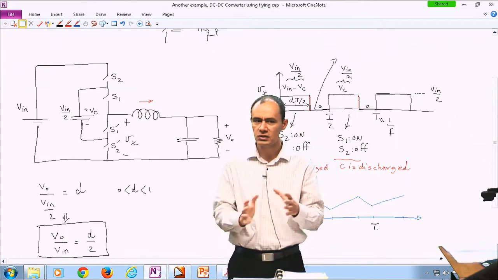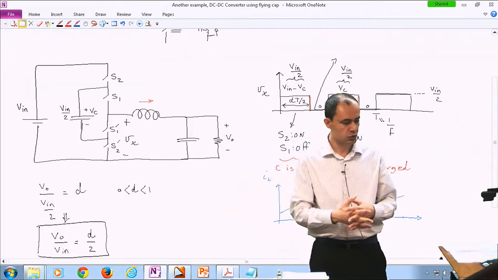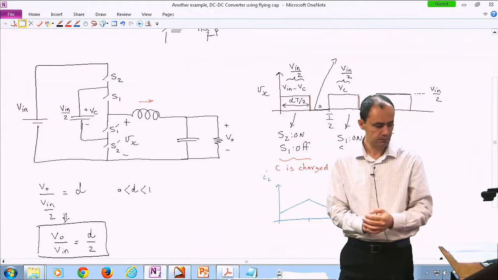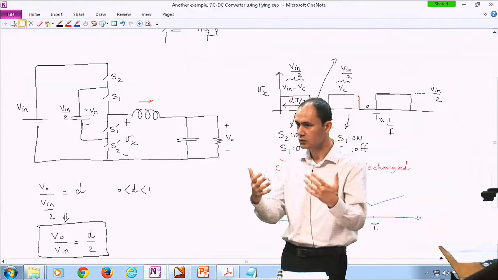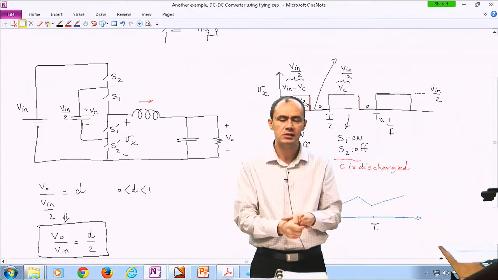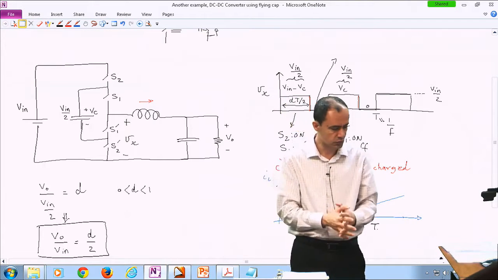So there's a little bit of interleaving going on here as well. If you are turning your switches on and off at a 100 kilohertz switching frequency, in other words, in every second you turn your switches on and off 100,000 times, your inductor sees a 200,000 basically switching frequency, or 200 kilohertz.